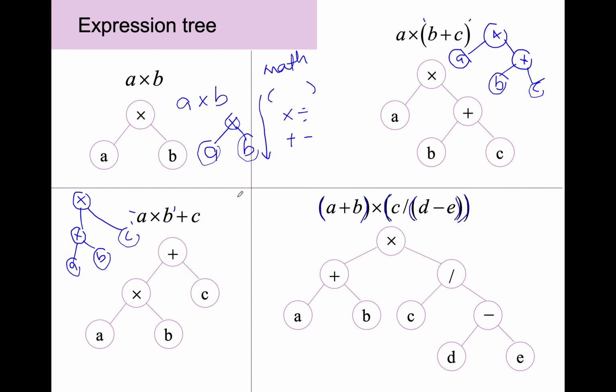Same goes to here. First you did A, you have a parent of plus B, and then you did also the bracket inside first, right? This is just a mathematical form. D E minus, and you have a division.